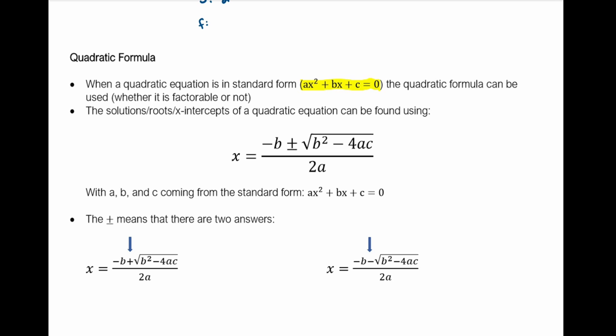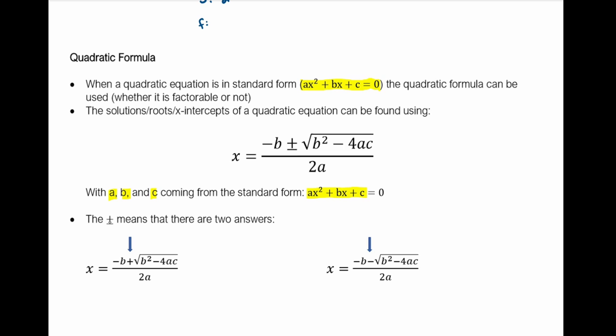I know it sounds complicated, but it really just breaks down to entering numbers and calculating them. A, b, and c come from your standard form, ax squared plus bx plus c. Those coefficients and constants are the values that you're plugging into this equation to solve for your solutions.